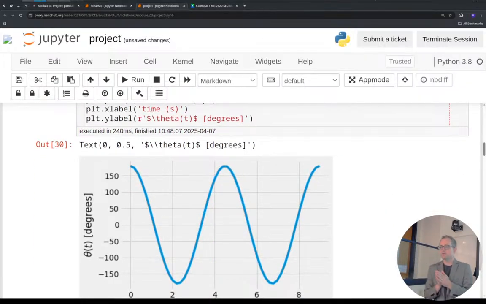Our linear solution says it's going to move pretty fast. It's going to start at 180, and in one time period, it's going to swing all the way around and get back to negative 180. Is that right? Maybe not physically right, but that's what the code and the math check out.